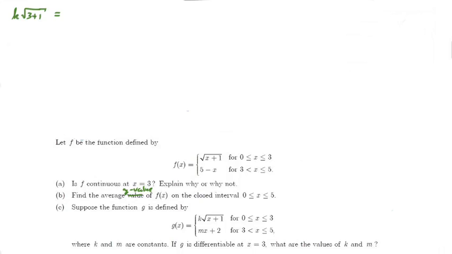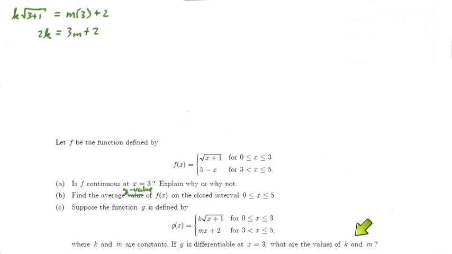And that's supposed to equal m times 3, plugging in 3 for the x, plus 2. So these should equal each other. Now if I simplify this, it starts looking nice and pretty. This would be 2k, and this one right here would be 3m plus 2. So that's my first equation.